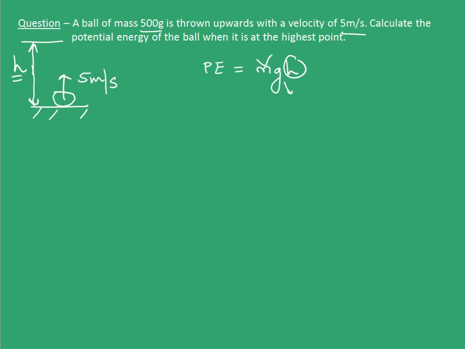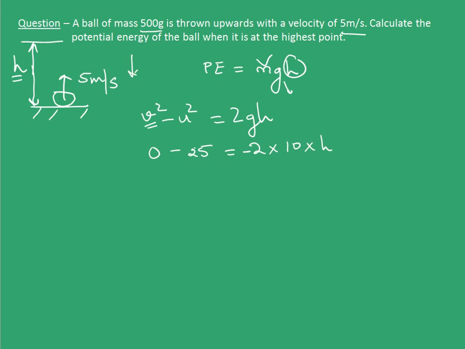I will use the formula v square minus u square equal to 2gh. At the highest point, final velocity v will be 0. The initial velocity is given as 5, so 5 square is 25, equal to 2 into 10 into h, with a negative sign.